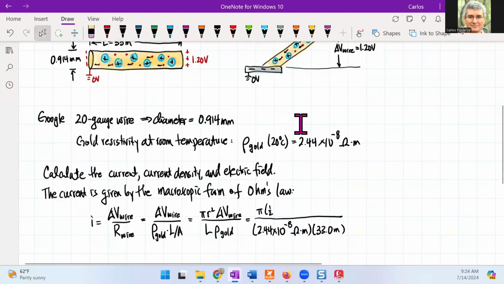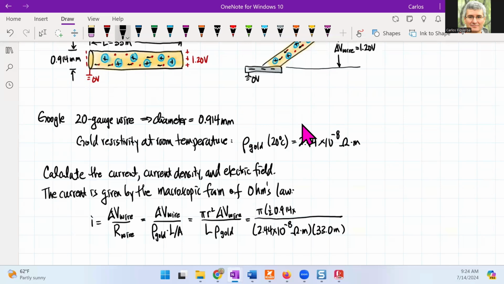So the diameter of this thing has to be 0.914 times 10 to the minus 3 meters, squared. And then I have to multiply that times the voltage, which is here. So I didn't do dimensional analysis last time. I should have, but if I look at the meters, they all cancel out.